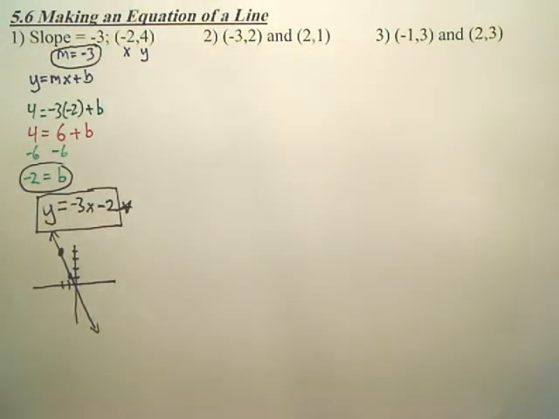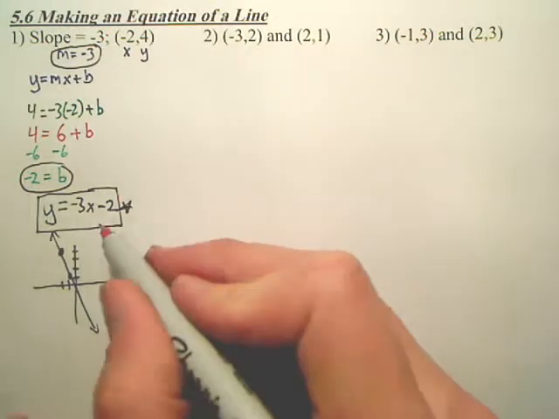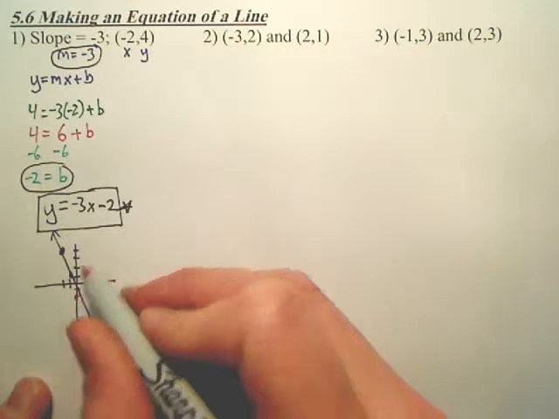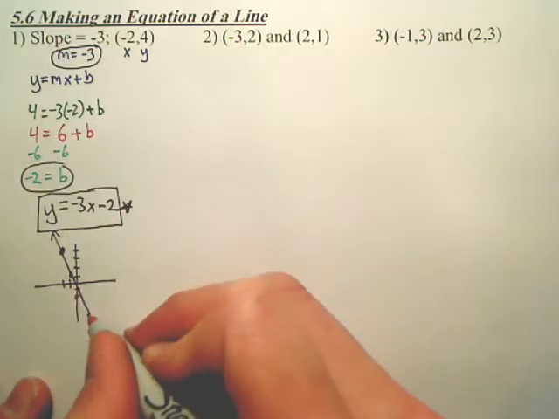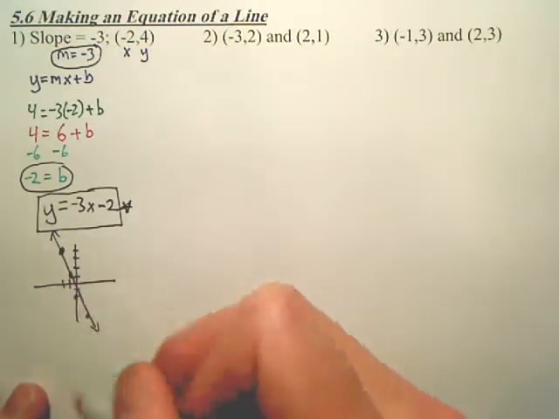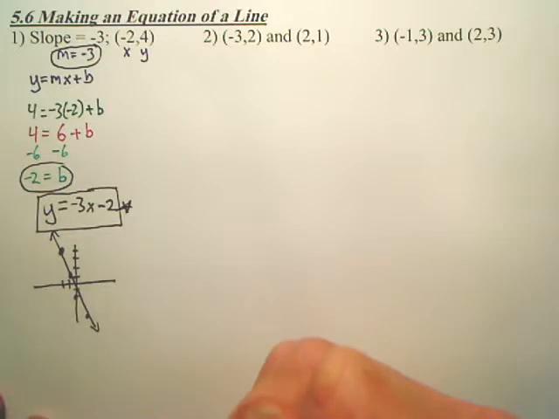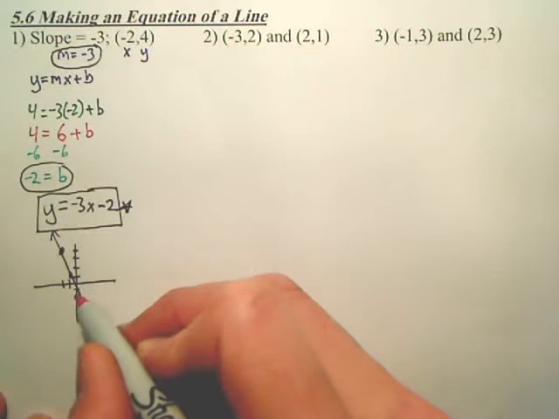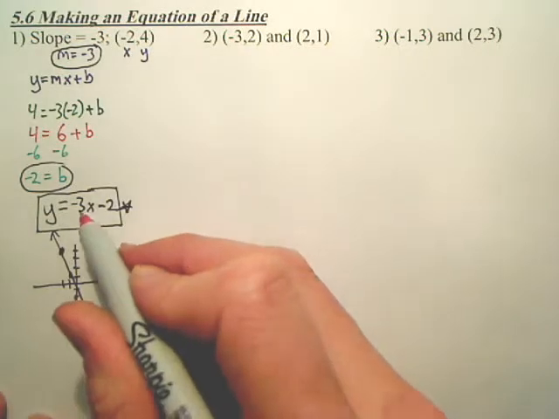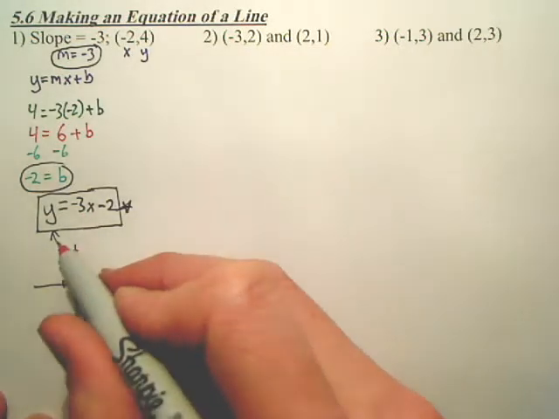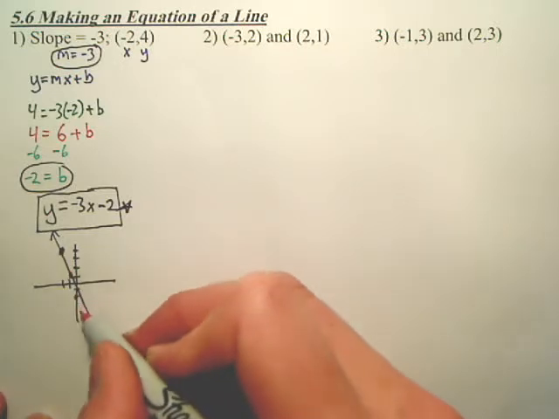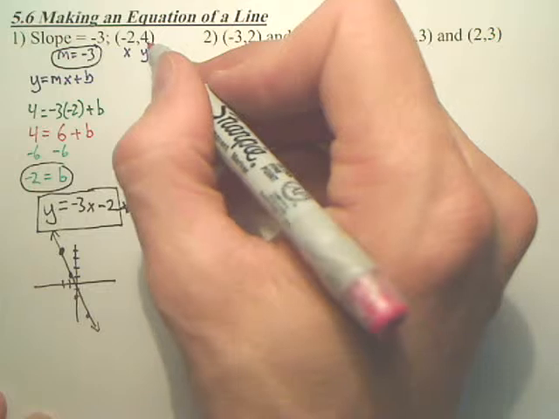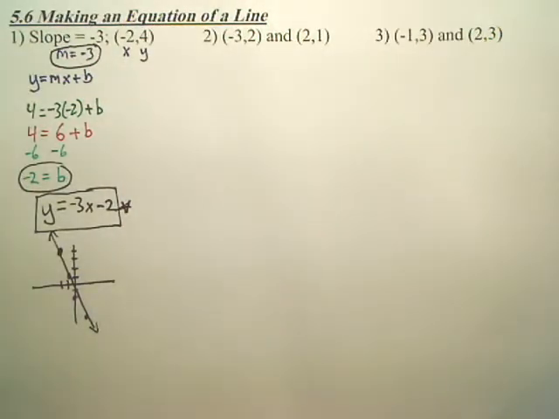Now, I didn't graph this very accurately, but does this look like it goes from -2 and goes down 3 over 1? Does that line look like it goes through the 2 red dots? Yes. My graph's not perfect, but with a slope of -3, down 3 over 1, the line will probably go through those 2 red dots. So should this and this information line up? Yes.